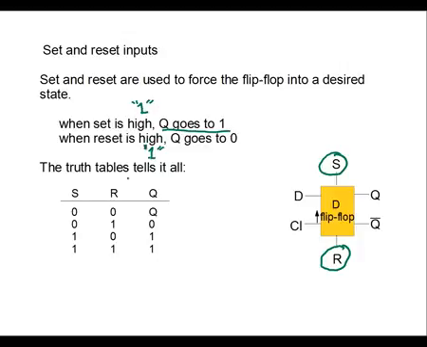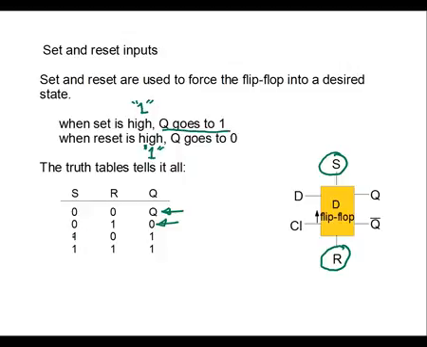So the truth table tells us if set and reset are both 0, then there's no effect on the state. So whatever Q is, it just stays. And this is how we indicate that, by just saying the state remains Q. When set is 0 and reset is 1, then we reset the flip-flop. We force the flip-flop into the 0 state, so Q is 0.